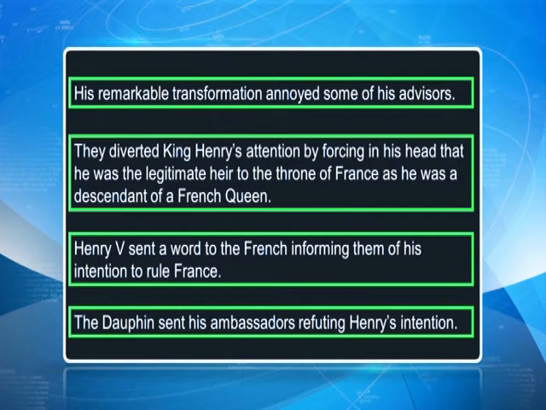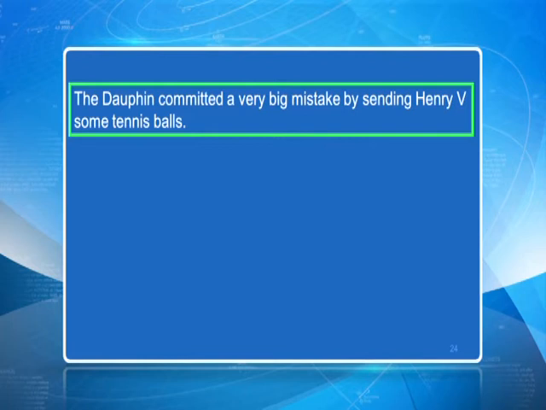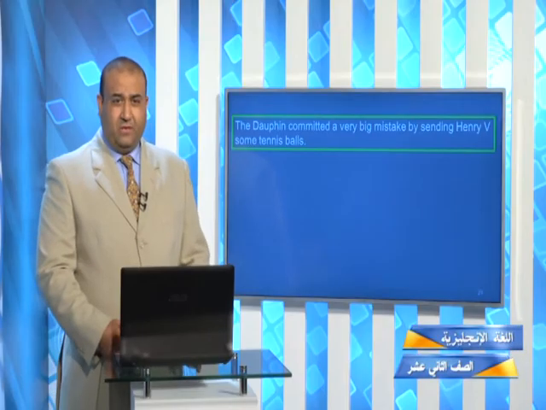The Dauphin, which means the eldest child of the king, sent his ambassadors refuting, that means he refused, Henry's intention. Then the Dauphin committed a very dangerous and a very bad mistake by sending Henry V some tennis balls. Why? Do you remember why?